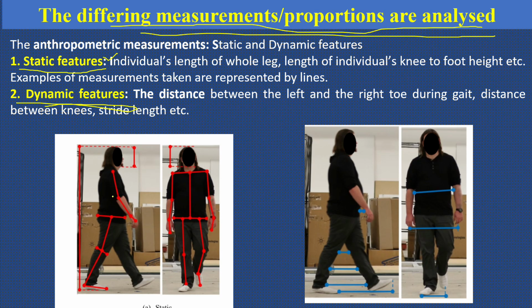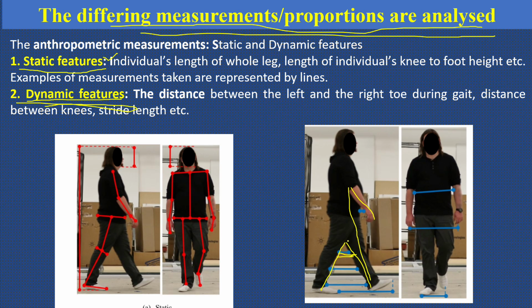Suppose the length of the body is constant, it will not change. So is the length of the arms and other parameters. Other features are dynamic, which change naturally, like the distance between the different parts of the body and the angles of the different parts of the body. Suppose this angle, how this angle changes. So this is a dynamic parameter, it is changing.